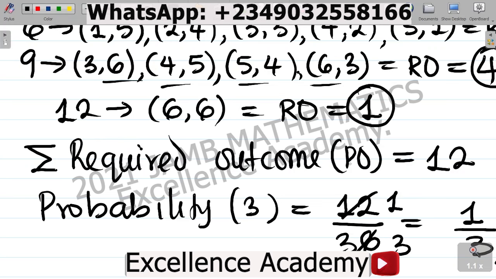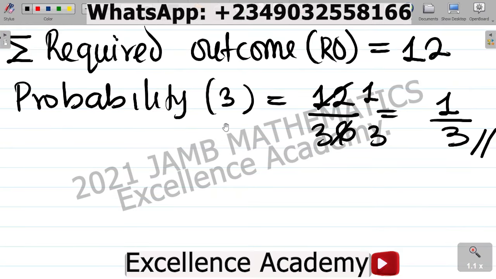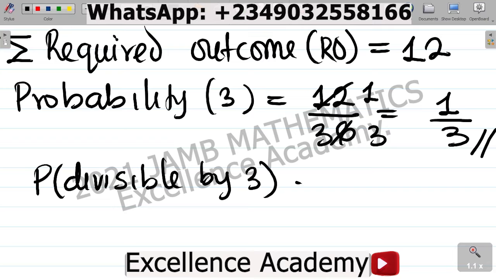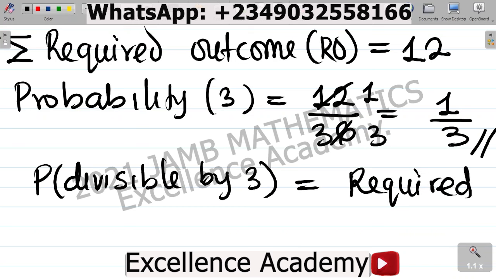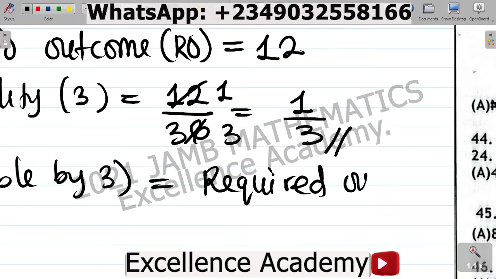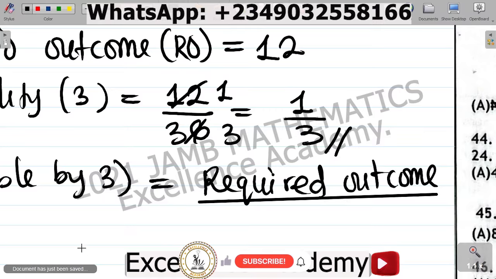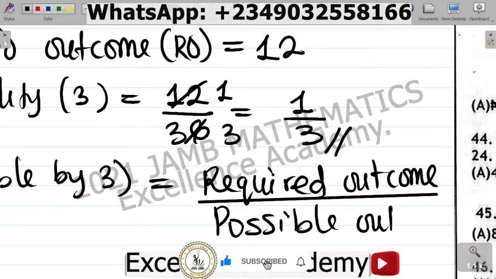All right, sum of required outcome, that's sigma RO, so that your formula becomes probability P of getting a number divisible by 3 will be equal to required outcome all over the possible outcome.